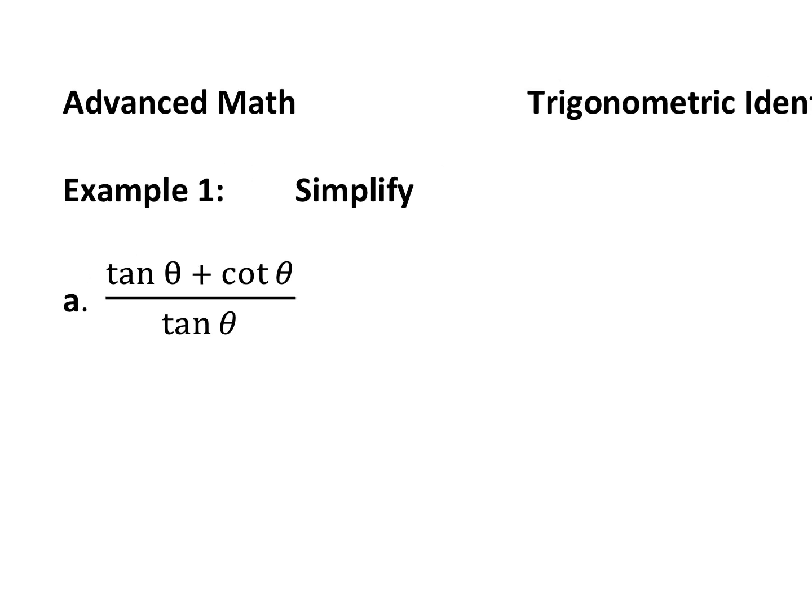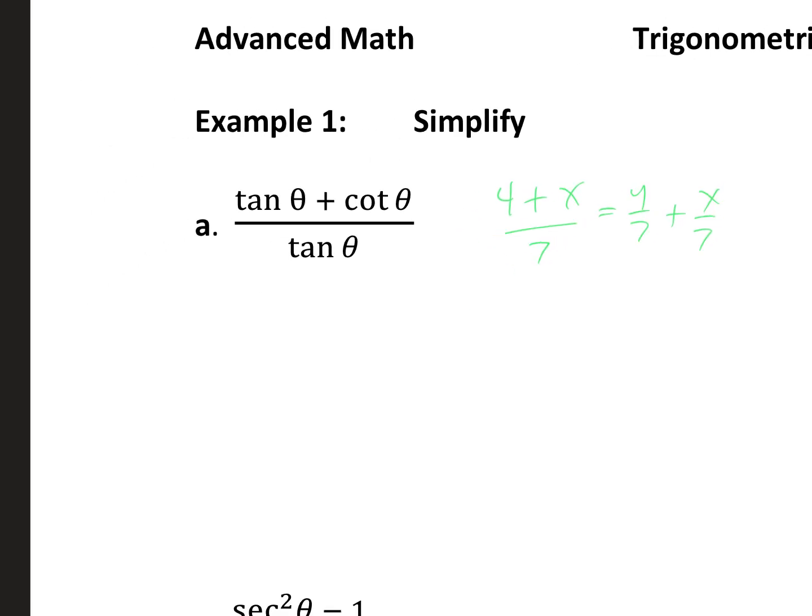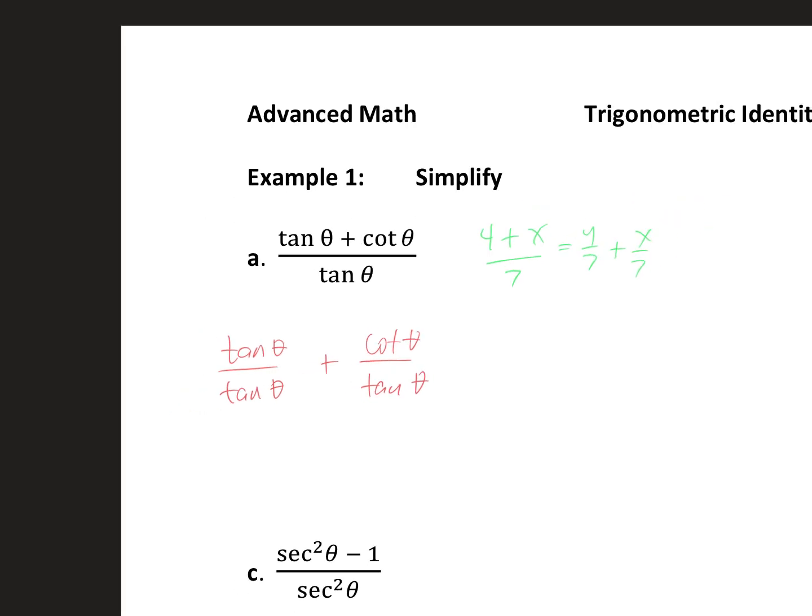So remember, if we think algebraically, 4 plus x over 7 is the same as 4 over 7 plus x over 7, right? Can we do the same thing here? Yeah, sure. So let's rewrite this as tangent of theta over tangent theta plus cotangent theta over tangent theta. You guys agree? Okay.